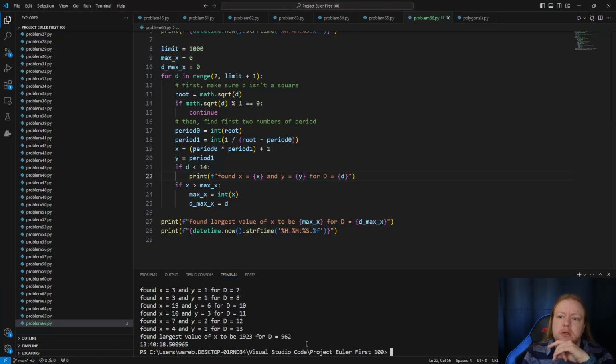Okay. So, important lesson learned here, which is it's not enough to just go find the first couple numbers of the period. We have to go deeper than that.